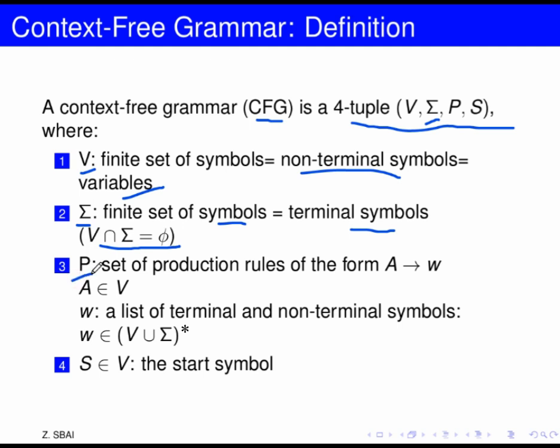P is the set of production rules of the form A arrow W, where A is a variable, it's in V, and W is a list of terminal and non-terminal symbols. So after the arrow here, we put any sequence of terminals and non-terminals, any sequence of symbols of V and also sigma. The last component here is the start symbol. S is one symbol of the variables, which is chosen to be the start symbol.